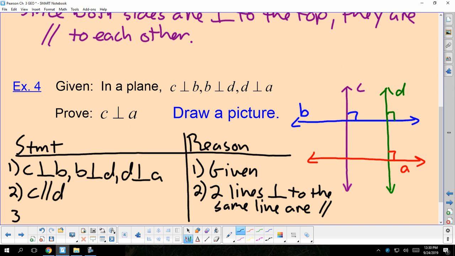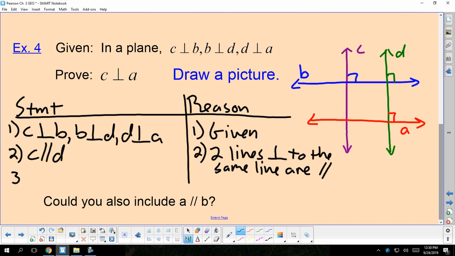And then for the third reason, we proved that C is perpendicular to A, which we're trying to prove.